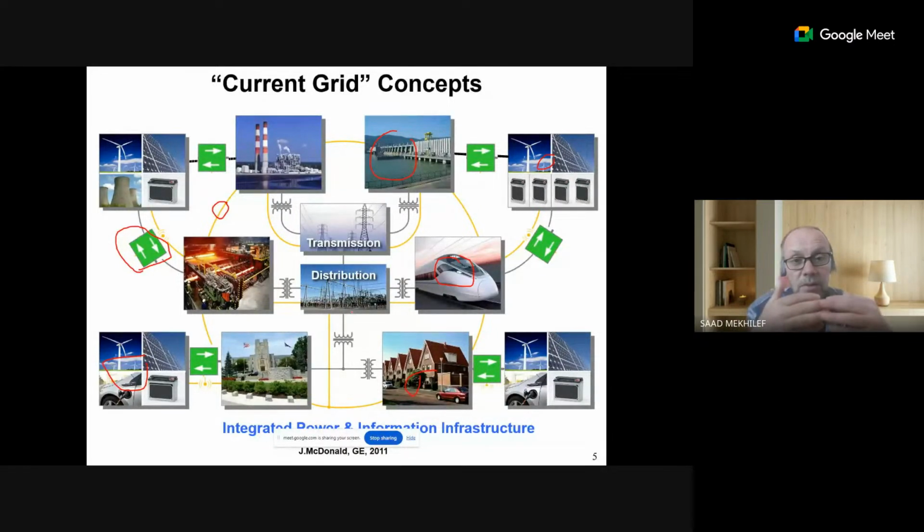We see V2V, V2G, V2H, V2L. But now there are some options where you can opt for V2X. What does it mean, V2X? V2V means electric vehicle to electric vehicle, V2H vehicle to home, V2G vehicle to grid, V2MG vehicle to microgrid, V2L vehicle to load.